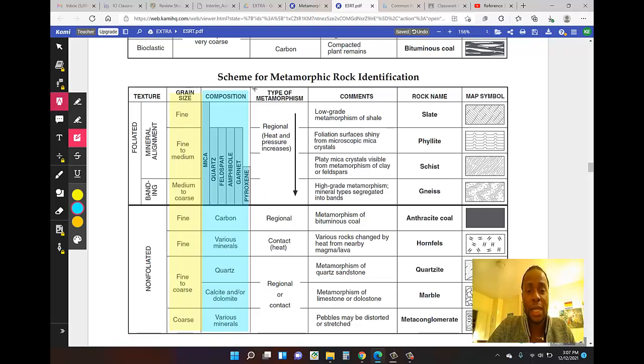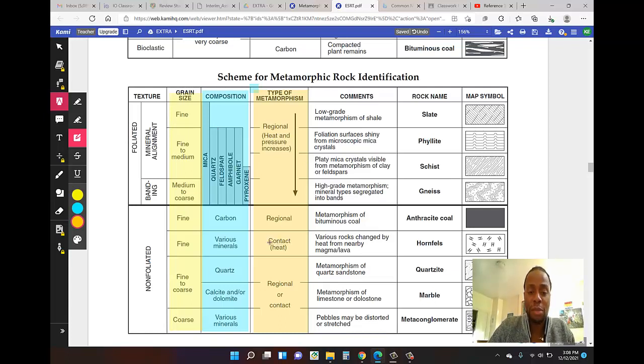Then next is the type of metamorphism. So we have regional metamorphism and contact metamorphism. All right. So here you see that all these rocks that are foliated are made by regional metamorphism, which means a great region or a great part of the earth is being affected by that kind of large-scale heat and pressure, producing all this foliated metamorphic rock.